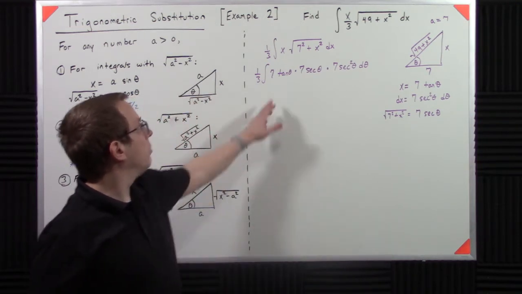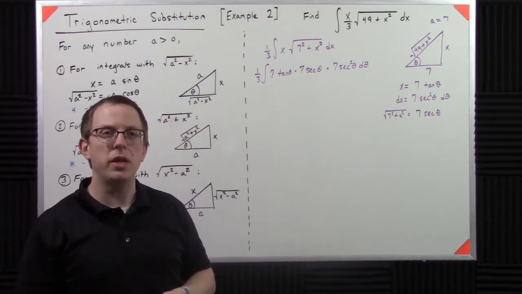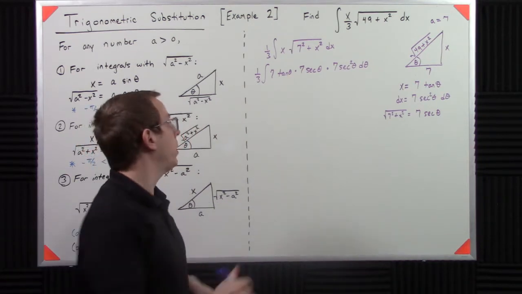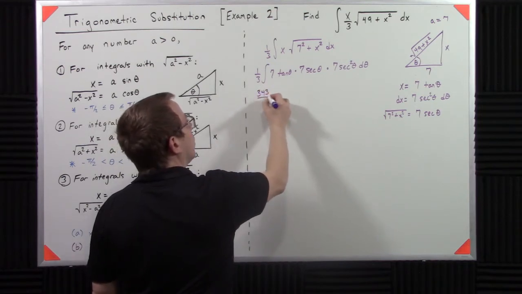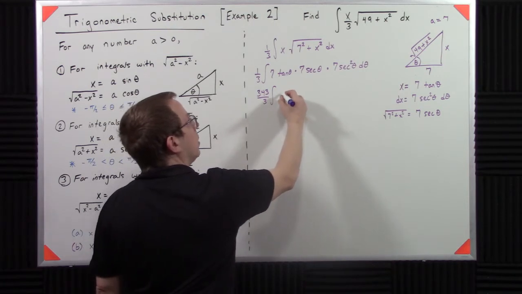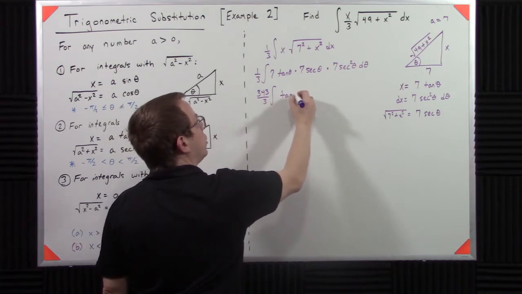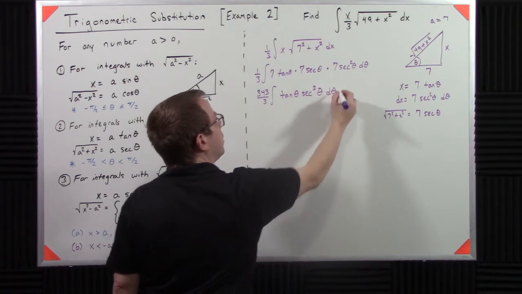As a result, I can pull all these 7s out. So 7 times 7 times 7, I believe, is 343. So I get 343 over 3 tangent theta secant cubed theta d theta.